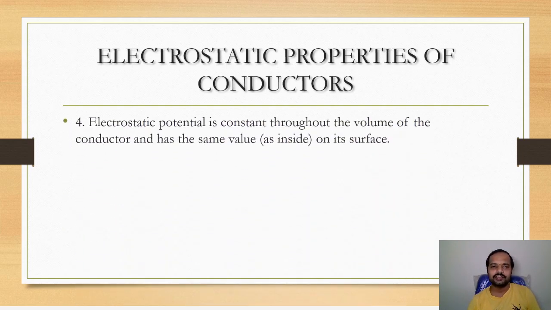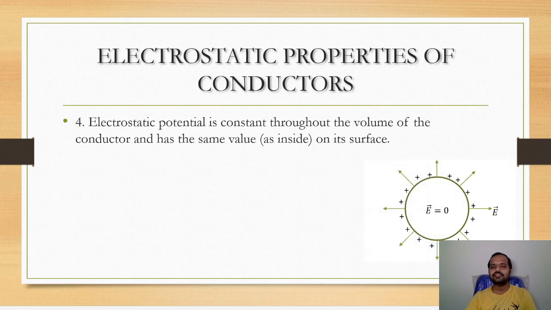The fourth property is about electrostatic potential. Electrostatic potential is constant throughout the volume of the conductor and has the same value as on its surface. Now remember, we have already proved that the electric field inside the conductor is 0.